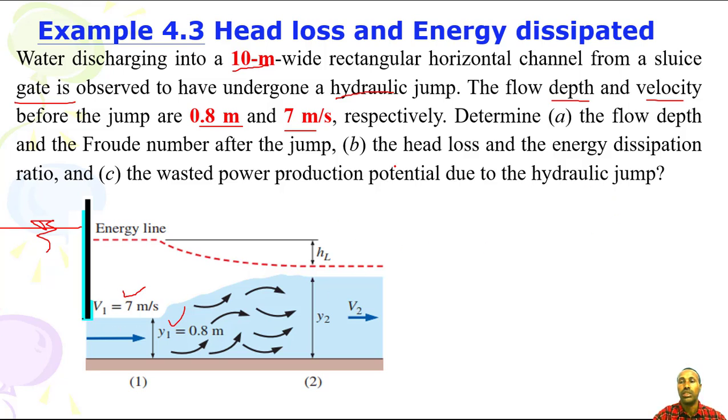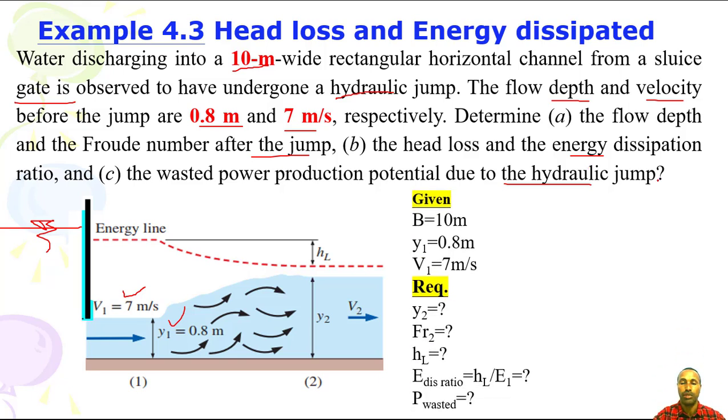Then what will be the flow depth and the Froude number after the jump, and the head loss and the energy dissipation ratio, and the wasted power production potential due to the hydraulic jump also. What will be the power wasted due to this jump?